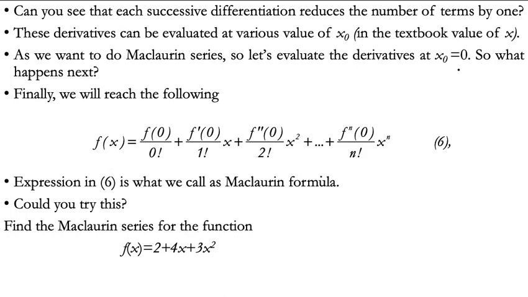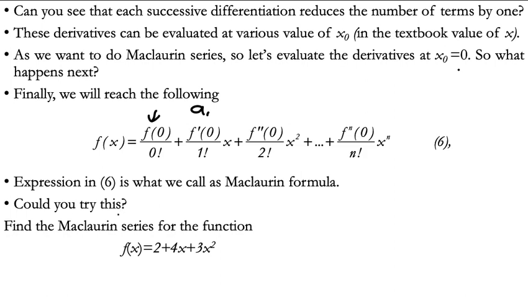The first one here is coefficient a0, and then this is a1, isn't it, so on and so forth. So expression in 6 is what we call Maclaurin's formula.